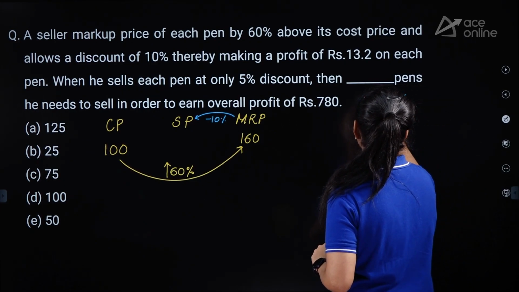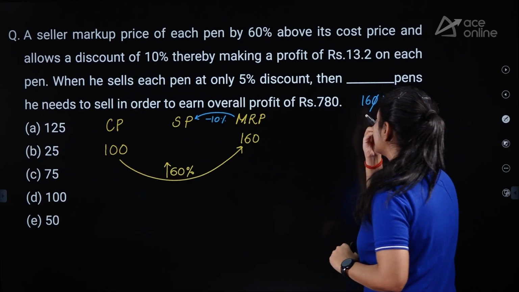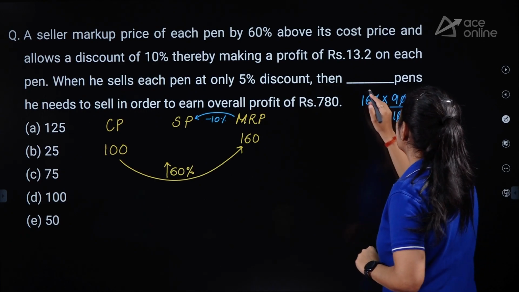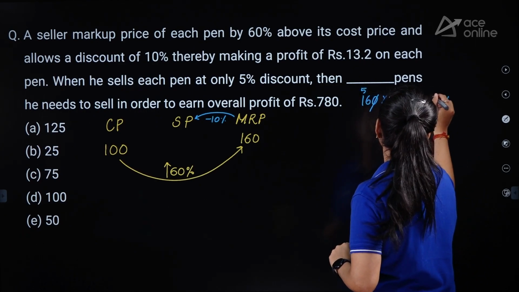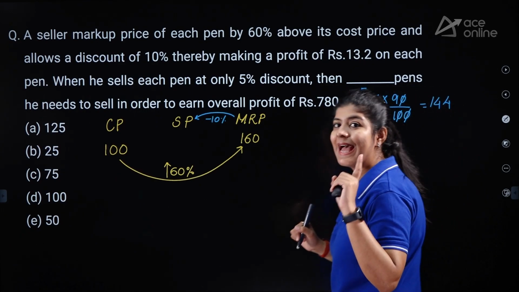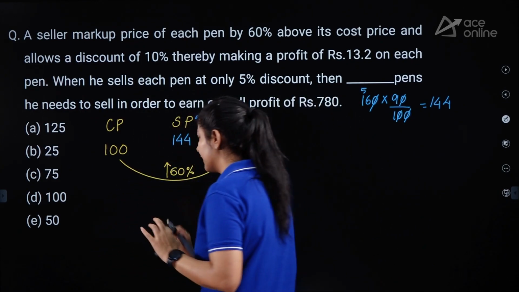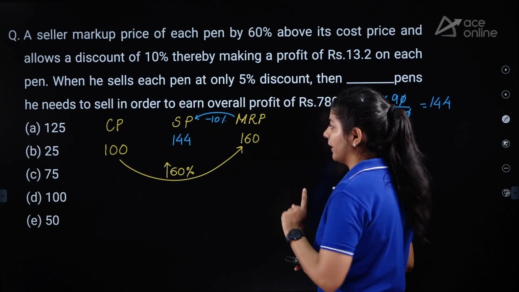These two zeros are eliminated, 9 into 6 is 54, so we have 4 and the 5 is carried. 9 plus 5, 14, so 144. That means I am selling it at 144 rupees, according to this.